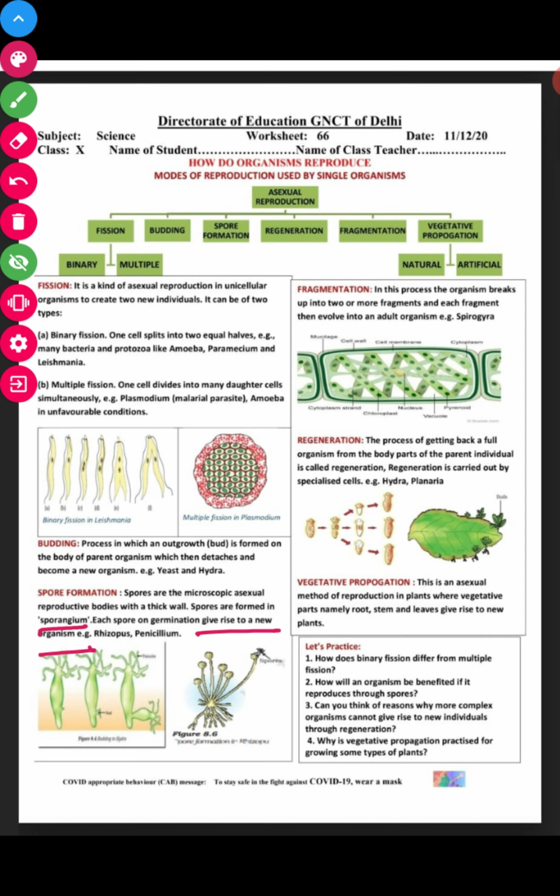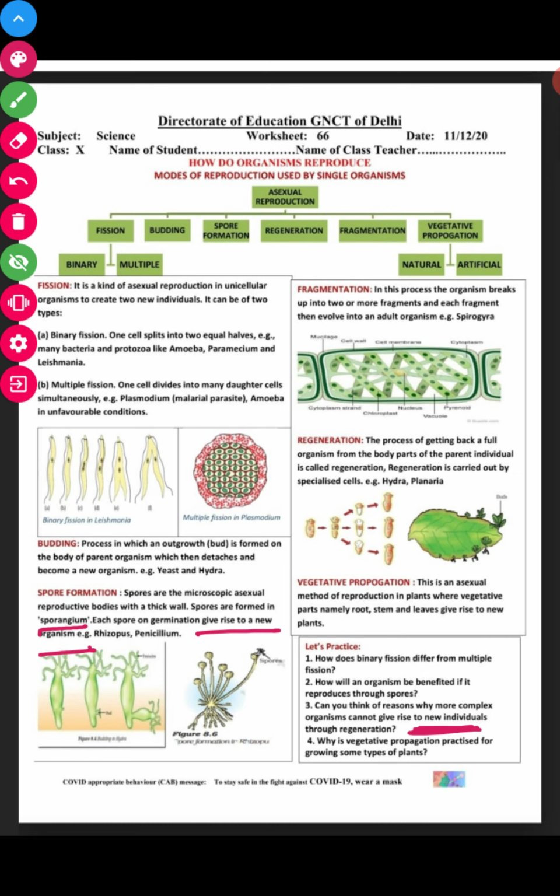Next we have, and this is your textbook question also: why is vegetative reproduction practised for some plants? See, some plants like banana, rose, and jasmine, chameli in Hindi, lose their capability of forming seeds, so it is very easy for these kinds of plants to grow from their vegetative parts.